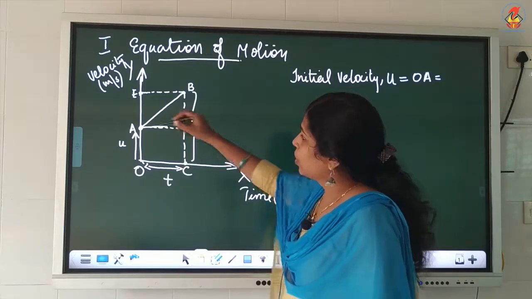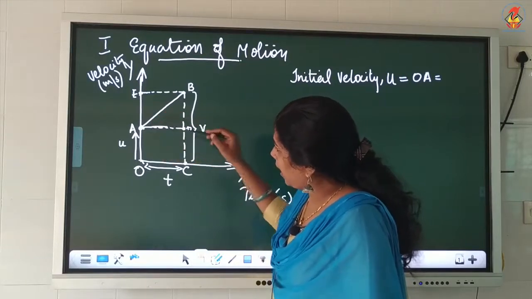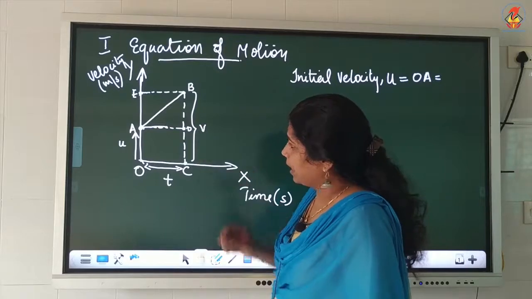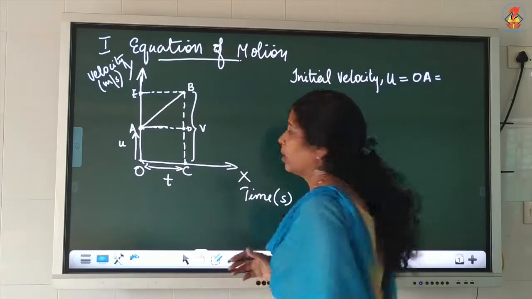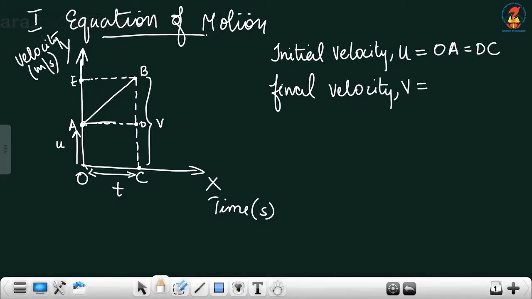So OA and DC will be the same. So OA equals DC. Now the final velocity, represented by the letter V, is equal to BC.